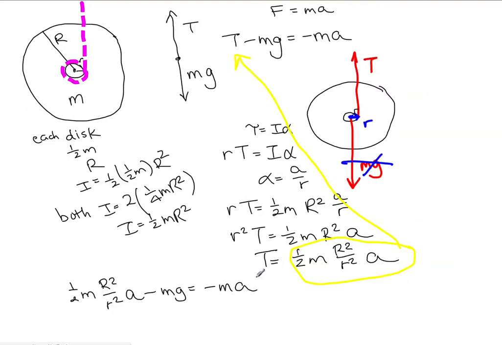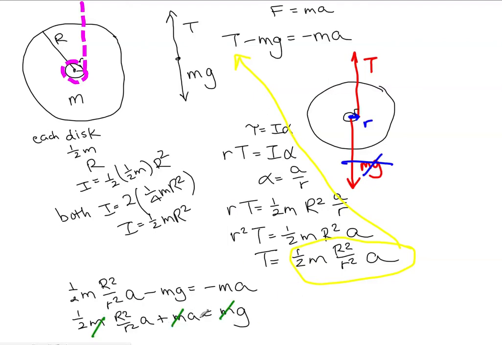And if I put this guy over here and this guy over there, I'm going to have 1/2 m R squared over r squared a plus ma is equal to mg. And I notice that the m's are going to cancel out because they're in every term.